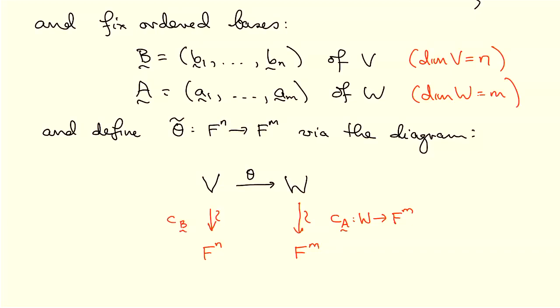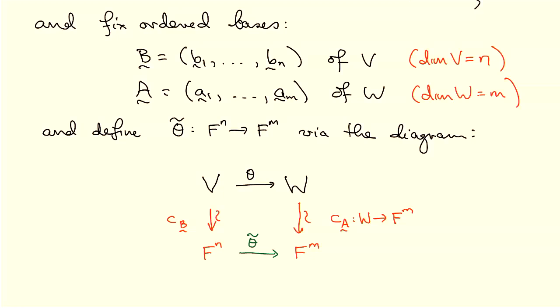And by following this diagram around, I can make a map theta twiddle from here, and the way I have to find theta twiddle is I have to go upstairs first. That's okay, I have to go backwards, but that's an isomorphism, so it's got an inverse, and then go across here, and then go back down here.